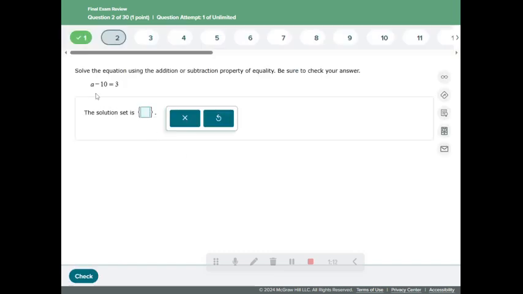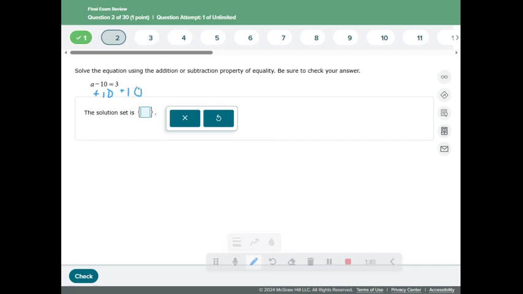For problem number 2, solve the equation using the addition or subtraction property of equality. Be sure to check your answer. So we want to isolate the variable, and to do that, we're going to add 10 to both sides of the equation.